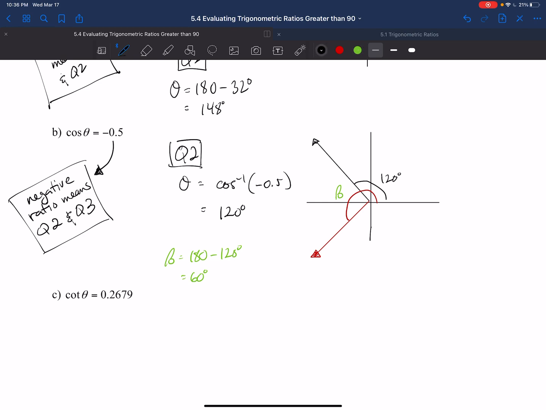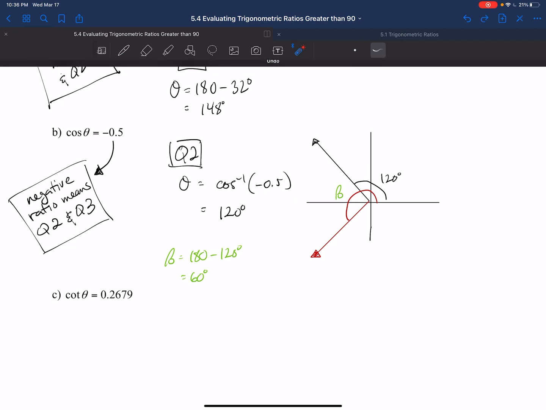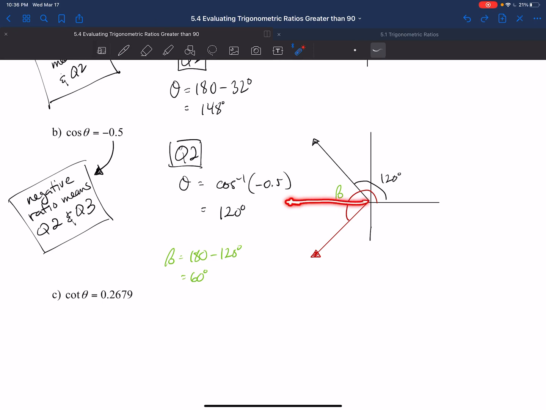So that means since it's 60 degrees away from the x-axis in quadrant 2, it would also be 60 degrees away from the x-axis in quadrant 3. So I'm going to take 180, which is here. This is 180 degrees. And add 60 to it.